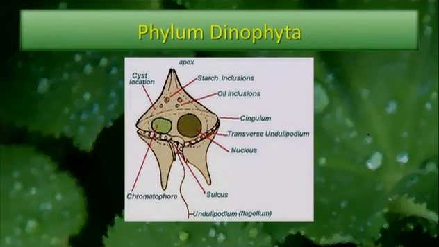So here's a look at a drawing of a dinoflagellate. Here's one flagellum around the center, the other one hanging down, steering the dinoflagellate like a rudder when it's moving through the water. Here you see that it has oil as a food reserve, also starch as a food reserve, and they do not store their starch in their chloroplasts.